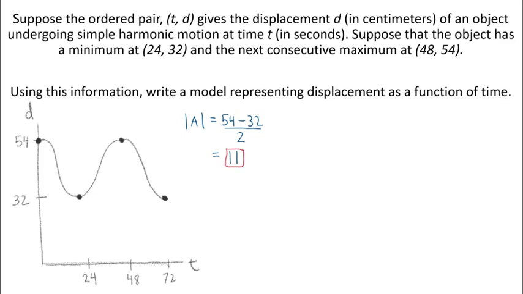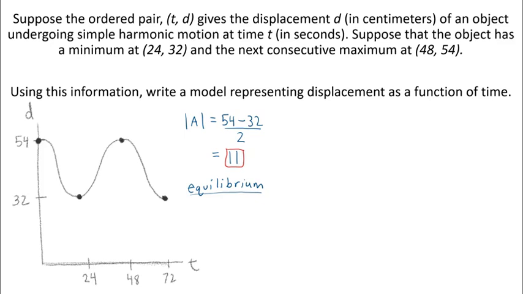We also need to find our equilibrium. We can find the equilibrium a couple different ways. We can either take a minimum value, which in this case would be 32, and add the amplitude to find the equilibrium, or we can take one of the maximums, which in this case would be 54, and subtract the amplitude to find the equilibrium. 54 minus 11 is 43, or 32 plus 11 is 43.